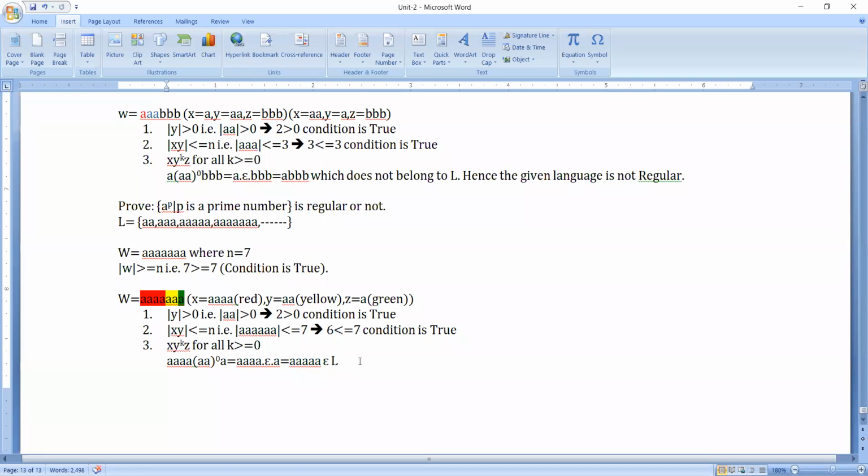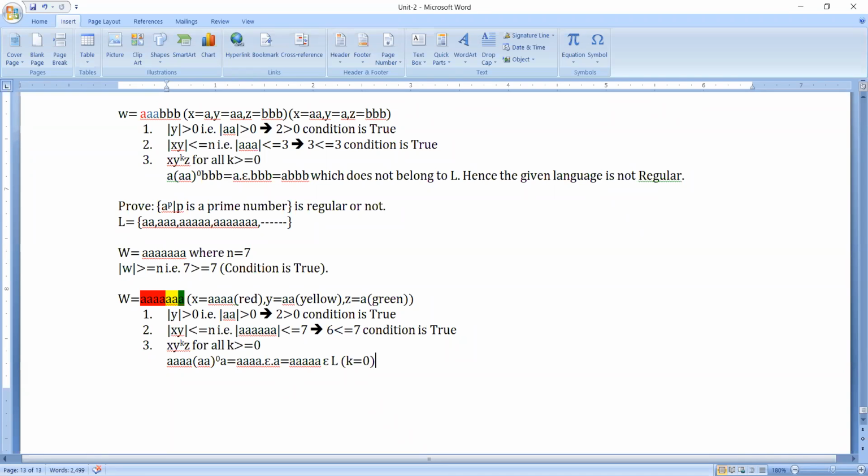Now, as it is available in this given language, straight away we should not decide, please remember, that this language is regular. What do we have to do now? So, this is for case k is equal to 0.